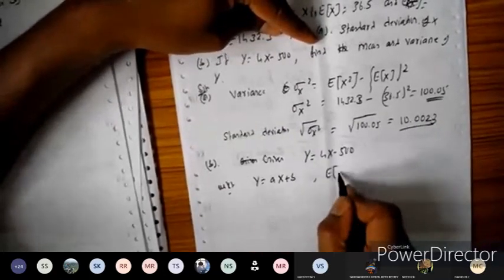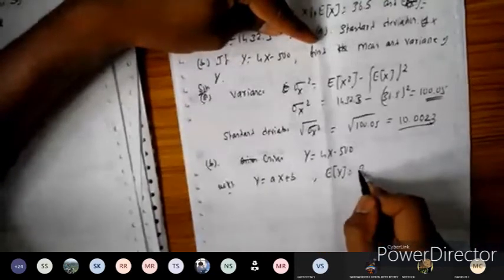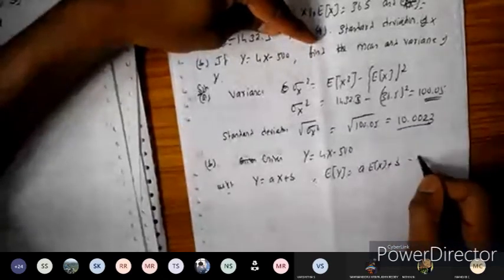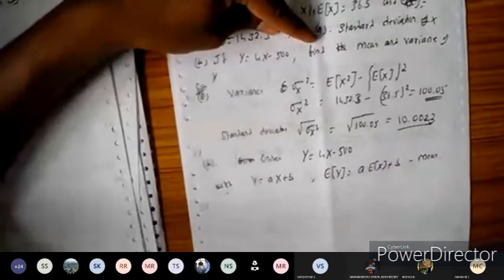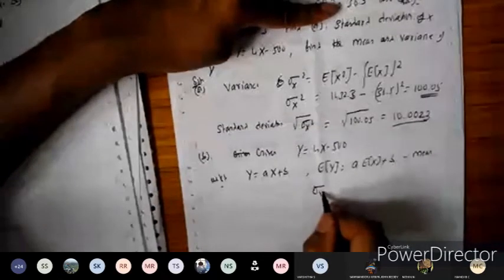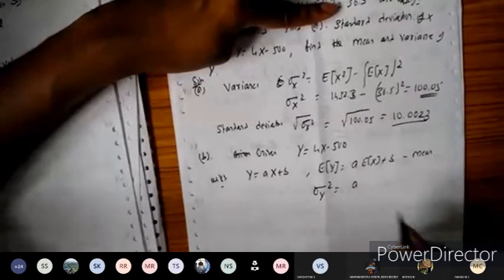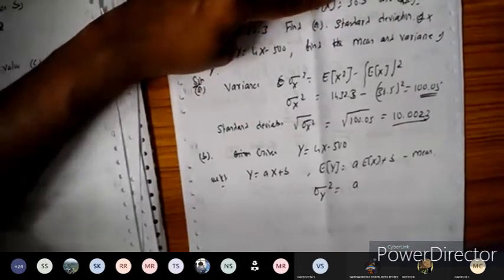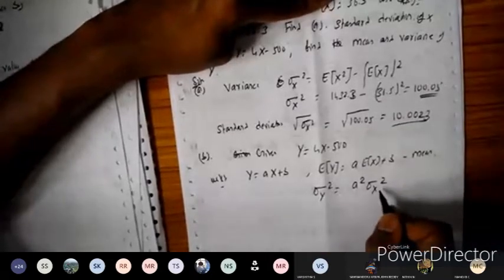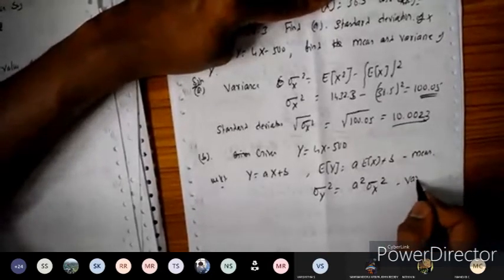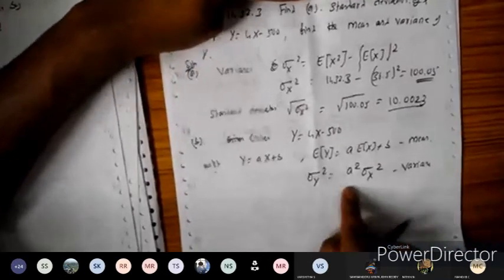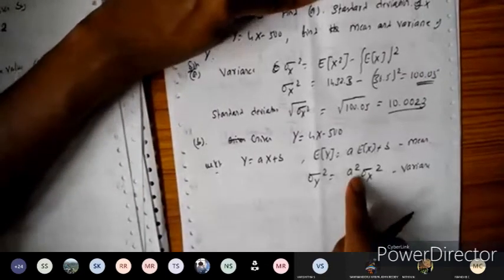So the mean, the expected value of y, is equal to a into the expected value of x plus b. Similarly, the variance sigma y square is equal to a square into sigma x square. We already did this in class, by applying the concept of transformation of variables.